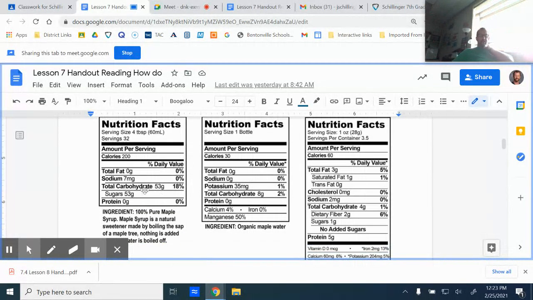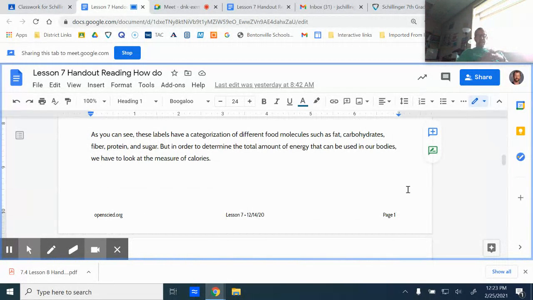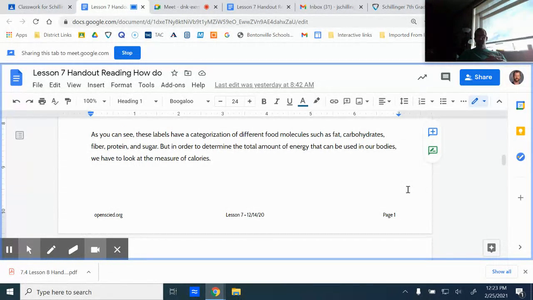And they tell you the calories, carbohydrates, sugars, if there's things like calcium, magnesium, or manganese, they tell you a lot about the stuff that's in the food. Well, it says, as you can see, these labels have categories of different food molecules such as fats, carbohydrates, fibers, proteins, and sugars, which we have been talking about. But in order to determine the total amount of energy that can be used in our bodies, we have to look at the measure of calories.